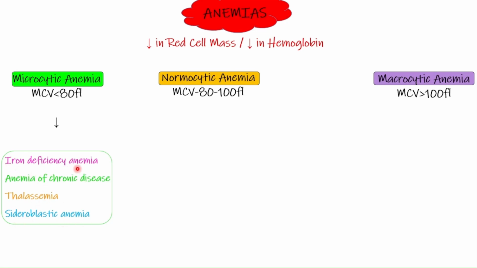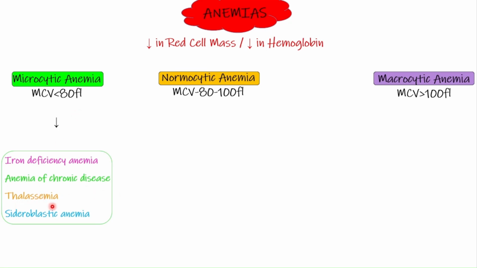Now, iron deficiency anemia: as you all know, hemoglobin consists of iron. If there is iron deficiency, then proper hemoglobin cannot be formed, which results in iron deficiency anemia. Then we have anemia of chronic disease. Any chronic disease can result in anemia, and that anemia is also microcytic.